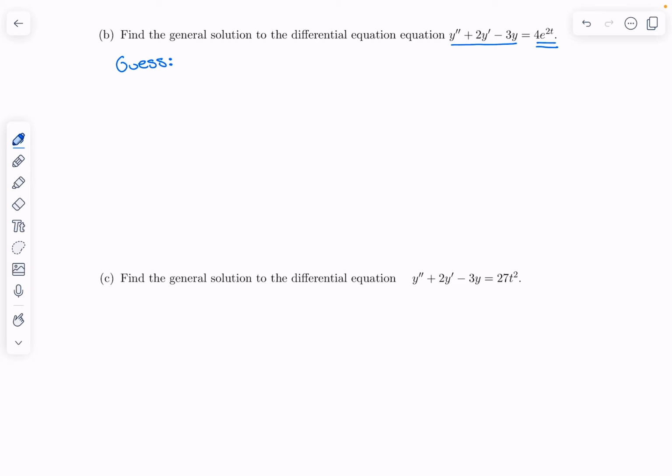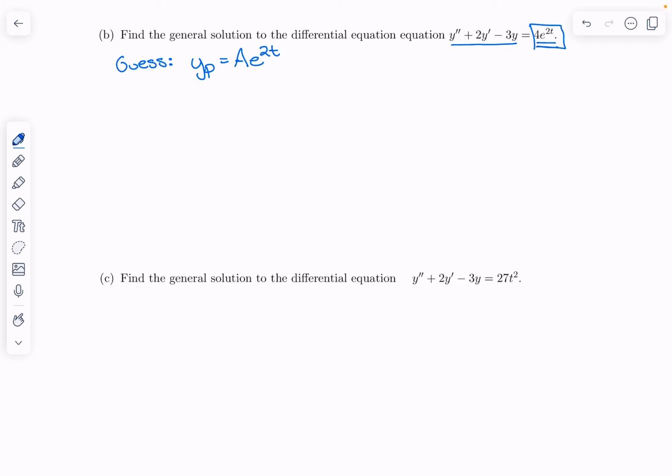So the guess that I'd like to make for my particular solution will be a multiple of e to the 2t. I'll call it ae to the 2t. That's because if I take the second derivative of this function and then 2 times the first derivative of this function, and then I subtract this function, all of those are going to need to be multiples of e to the 2t if my result is going to be 4e to the 2t.